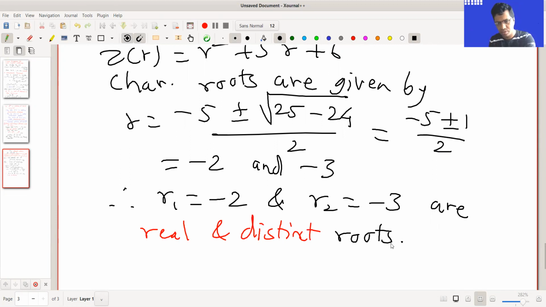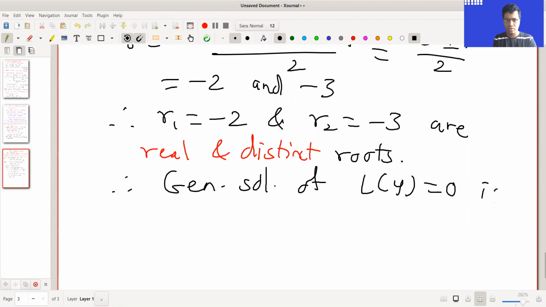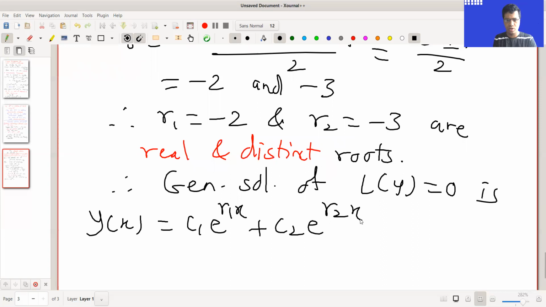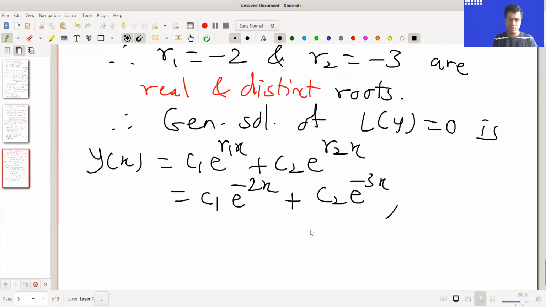As we discussed, the general solution of L of y equal to 0 is y of x equal to c1 e raised to r1 x plus c2 e raised to r2 x, that is c1 e raised to minus 2x plus c2 e raised to minus 3x, where c1 and c2 are arbitrary constants.